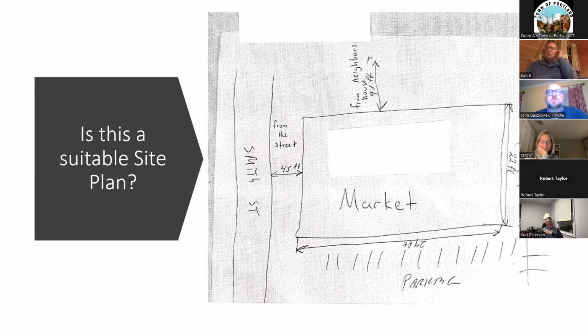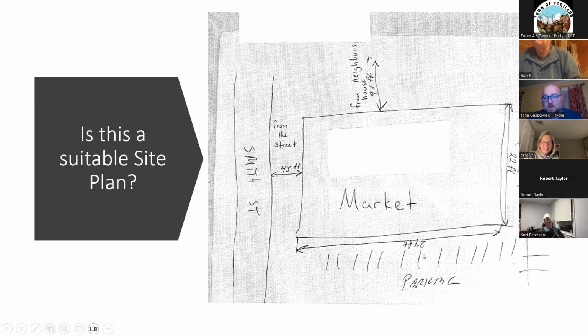Can we tell what scale this site plan is at? Well, you could derive it, I guess, come up with some number. You have a measurement here, 45 feet from the street. However, the dimension here is only 22 feet, and this is called out as only 24 feet.